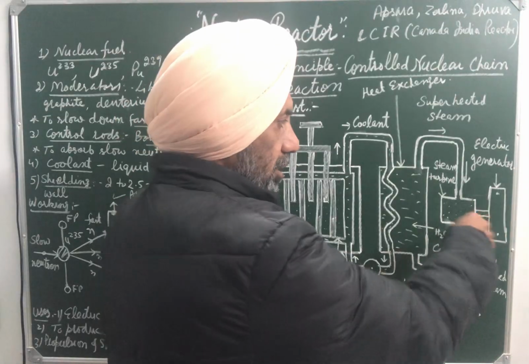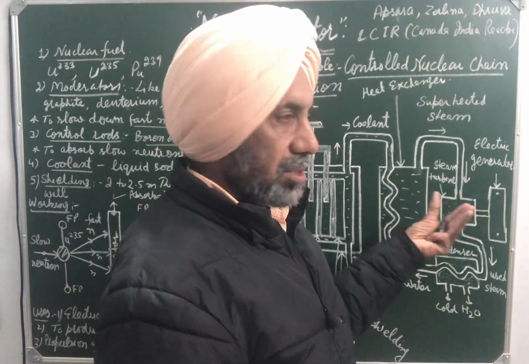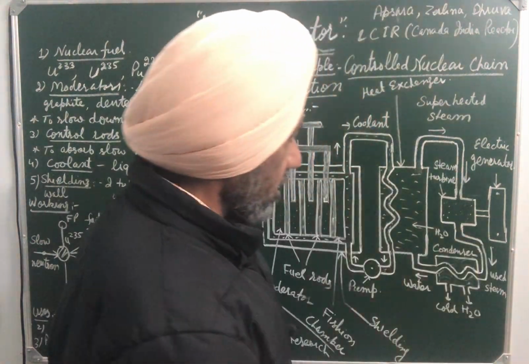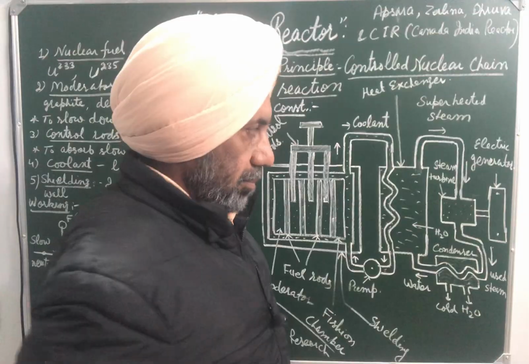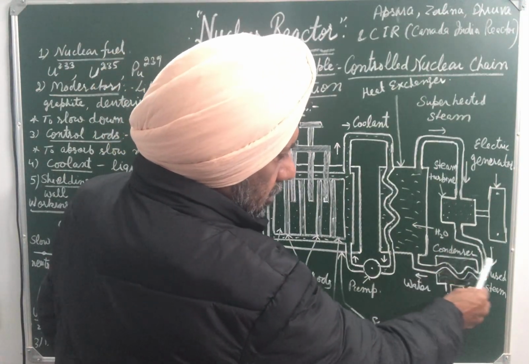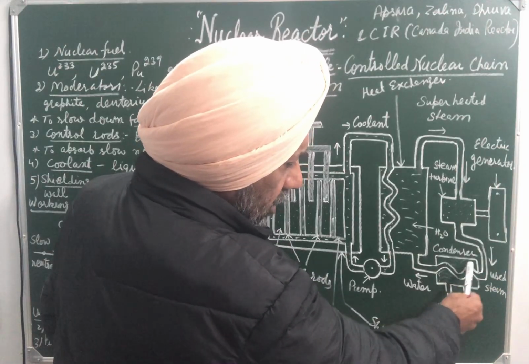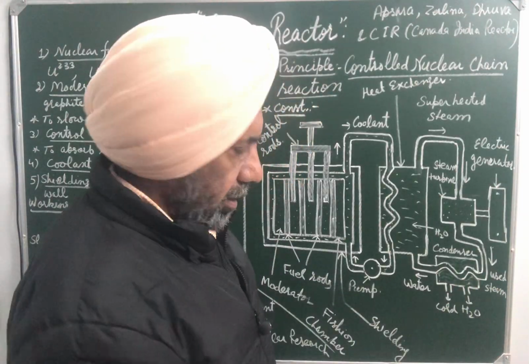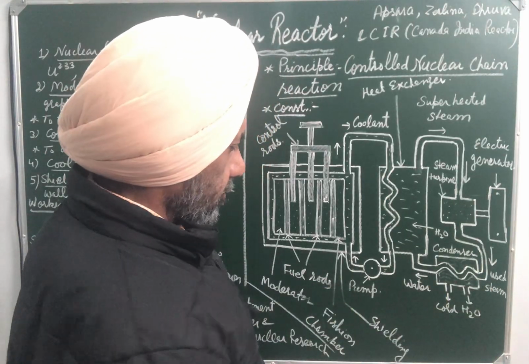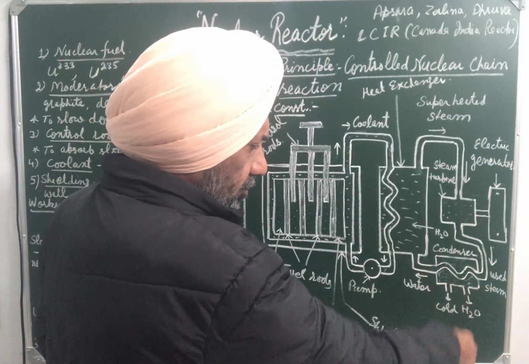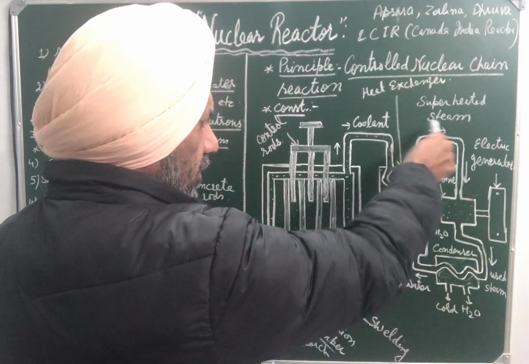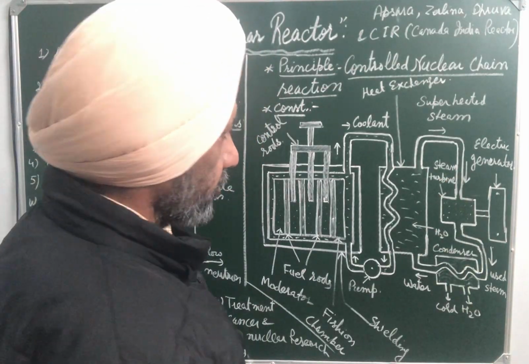The steam energy drives the turbine, so this mechanical energy is converted into electrical energy. Then the used steam comes back to the condenser, where it gets cooled. The cold water is given back again, and this process continues.